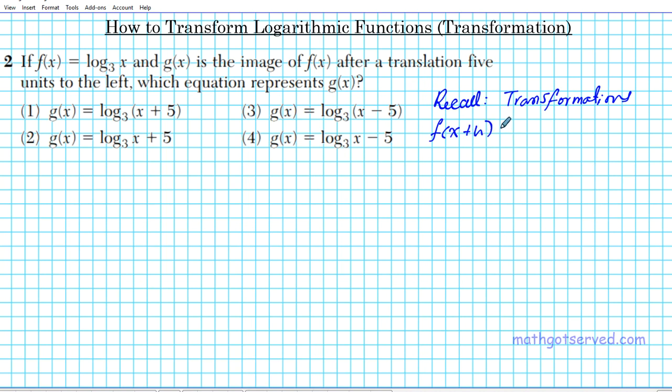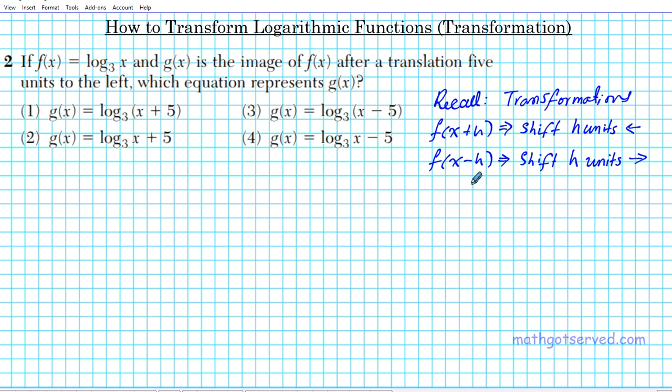F of x plus h means that you have to shift the function in the direction of the x. But whenever a number is grouped with the x, you do the opposite. So x plus h means that you're going to shift h units to the left. If you have the function composed with x minus h, remember when it's grouped with the x, you do the opposite. X minus h means that you're going to shift h units to the right.